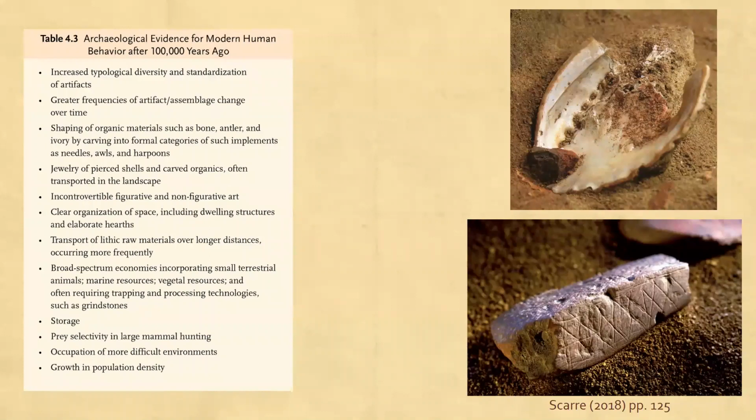And it shows a growth in our population in size and numbers. And eventually, it's these cultural adaptations that result in the replacement of Neanderthals and Denisovans in the north by the African Homo sapiens.